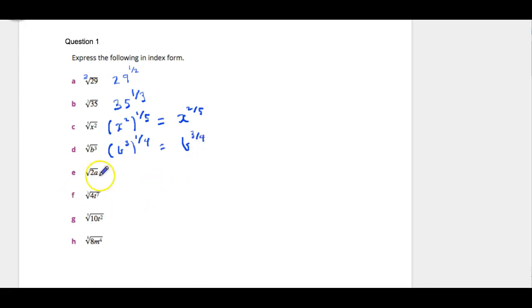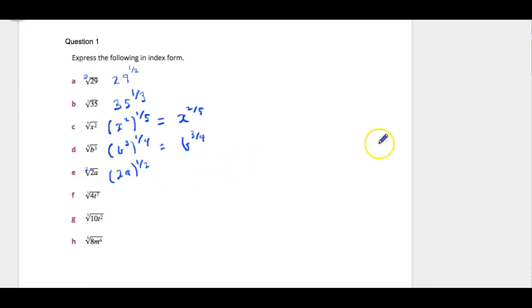The next one is just a square root, so there's a 2. Again, put the 2a in the bracket, and it's to the power of a half. You can leave it like that. I wouldn't bother writing 2 to the power of a half and a to the power of a half, but it's fine leaving it like that.